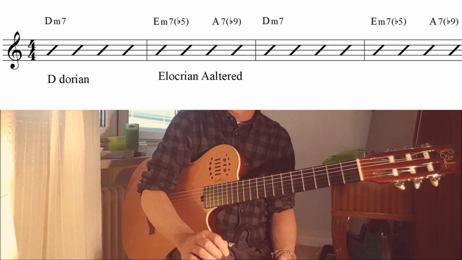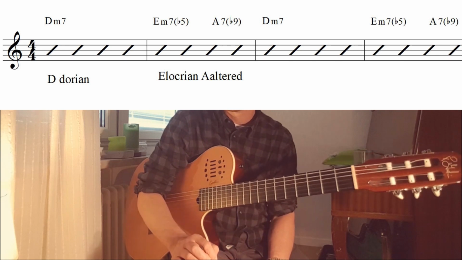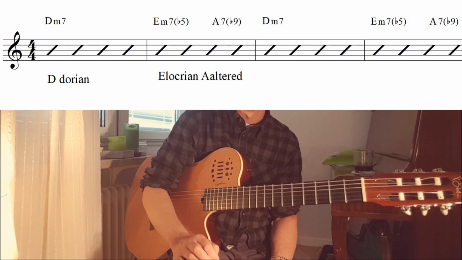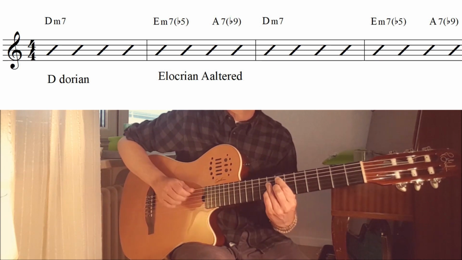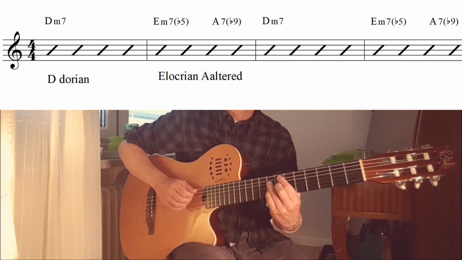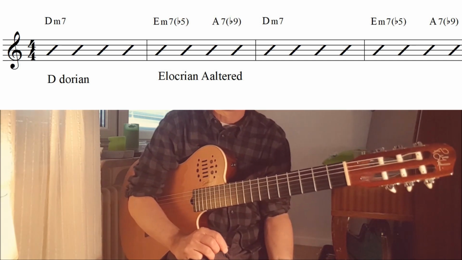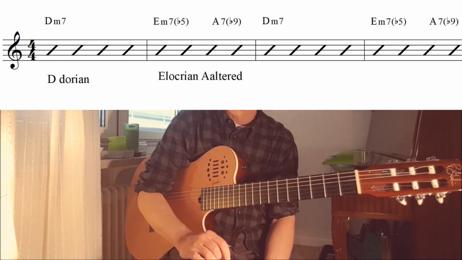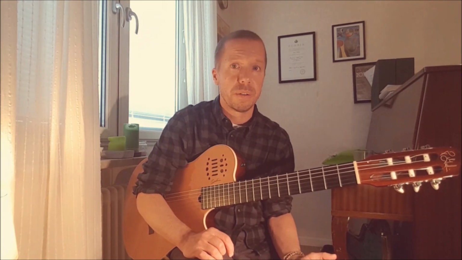And E Locrian over the E minor 7 flat 5, and A altered over the A7. But how are you supposed to, there's no time to play these scales. So scratch that. I would say that's wrong.